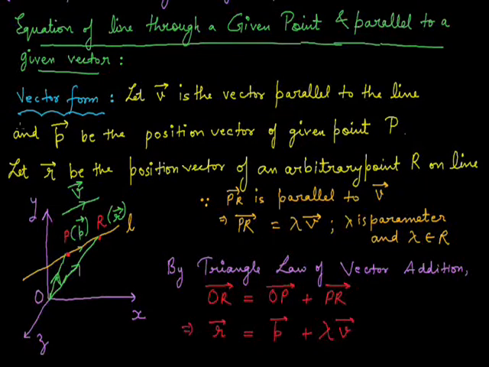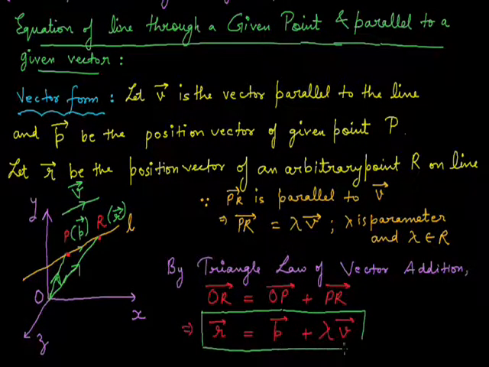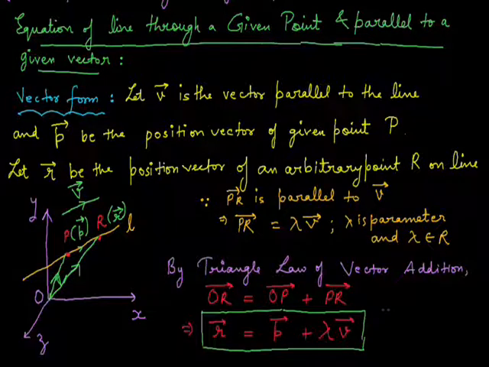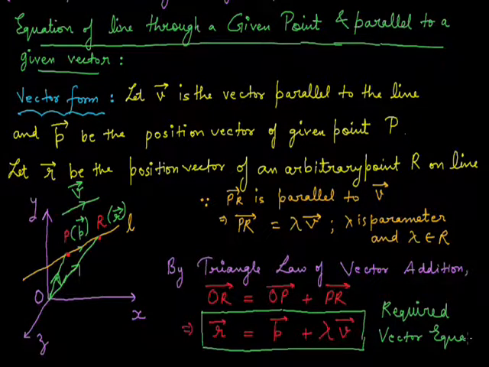So the equation over here, R vector equals P vector plus lambda times V vector, is the required vector equation of line in space.